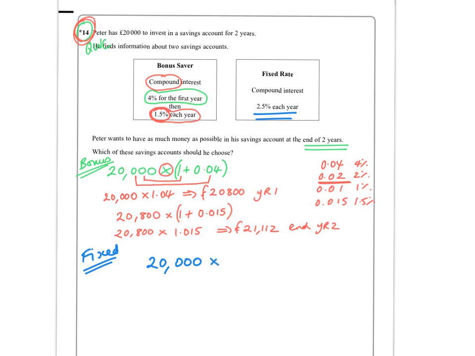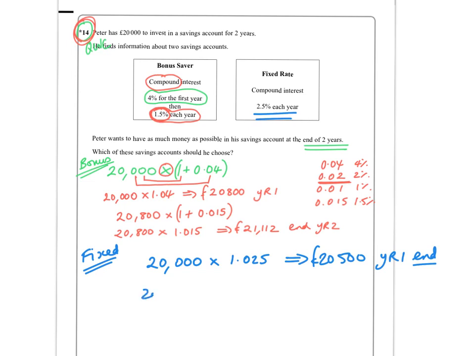So by the end of year 1, this should be easy now, 1.025. We'll get our answer here. So we'd have 20,000 times 1.025, and that would be £20,500. That's year 1 end.